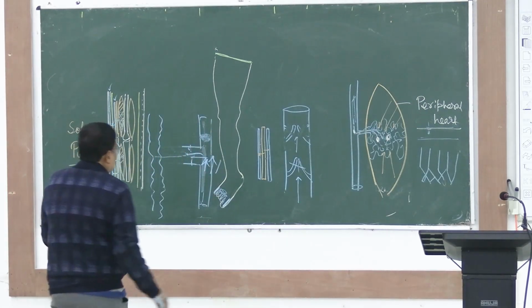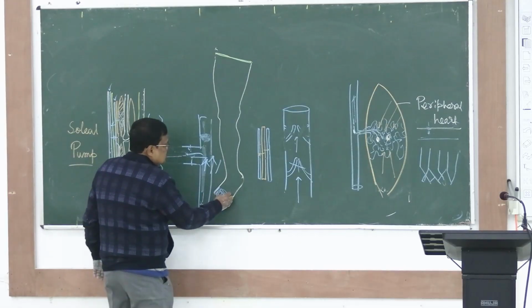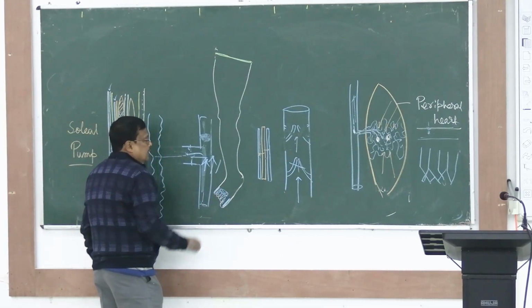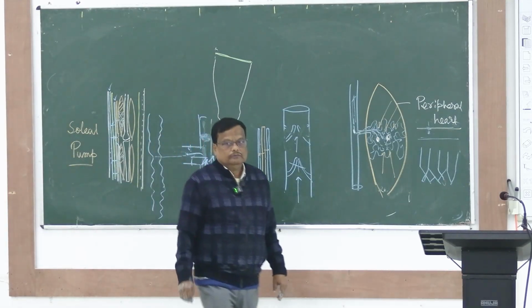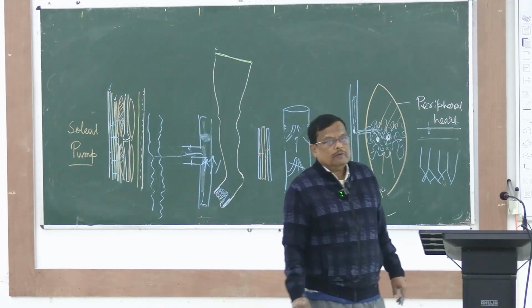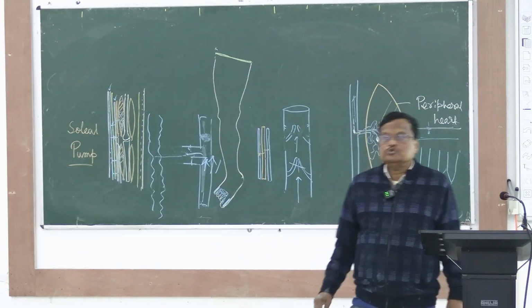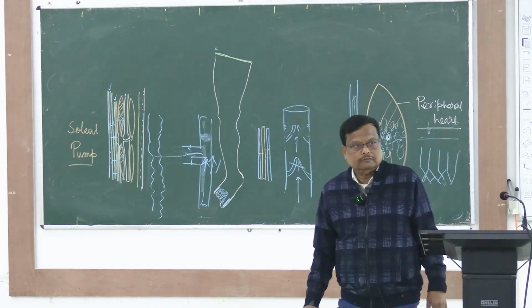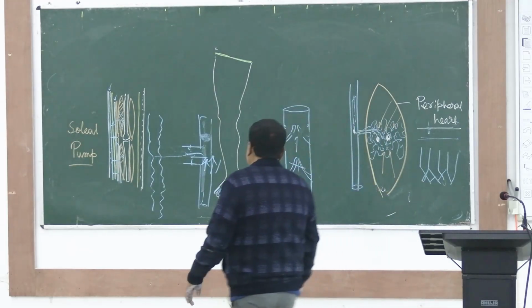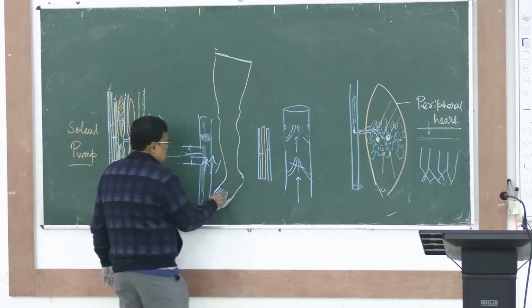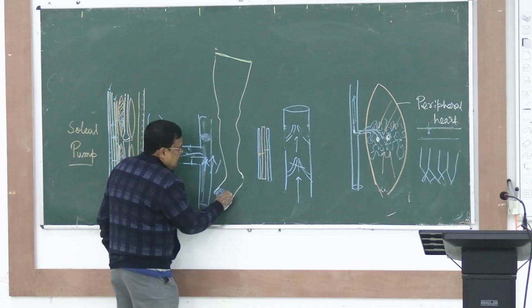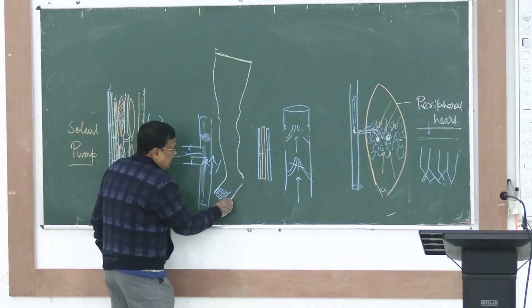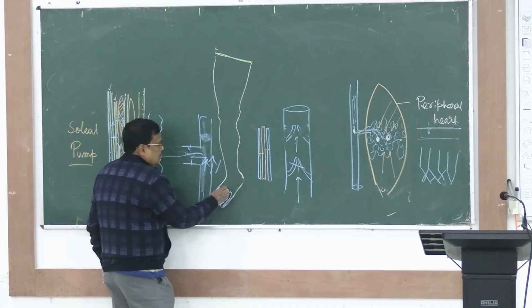So this is the dorsal venous arch, and the great saphenous vein is formed on the dorsum of the foot close to the medial malleolus by joining the medial end of the dorsal venous arch and the medial marginal vein.